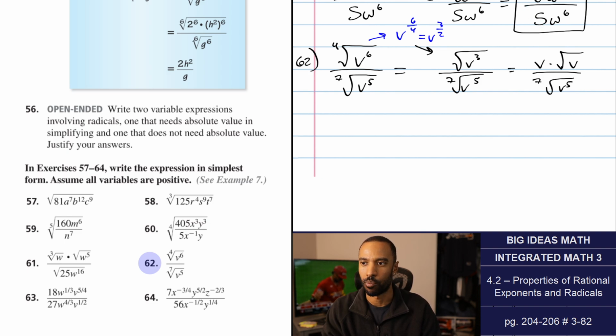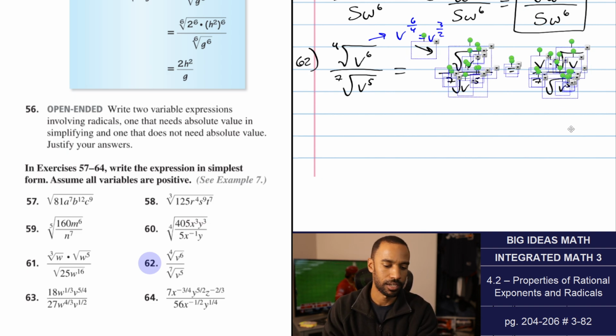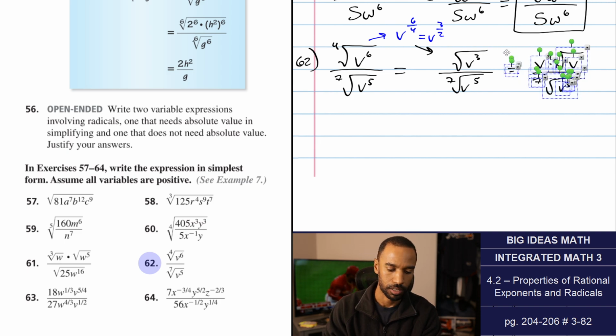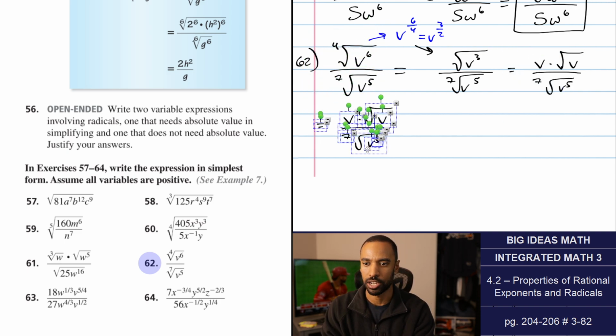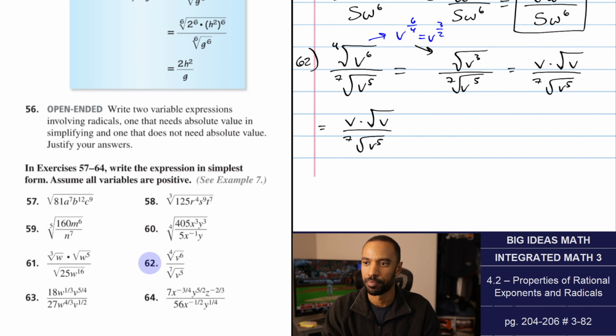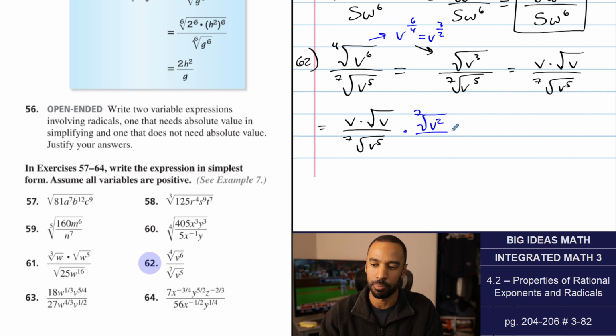But let's try and rationalize it. I'm going to copy and paste that down here. Let's try and rationalize that denominator. We've seen this before. I need to turn v to the 5th into v to the 7th. So I've got to take the 7th root of v squared, because 2 plus 5 is 7. So I'll get 7th root of v squared, 7th root of v squared.